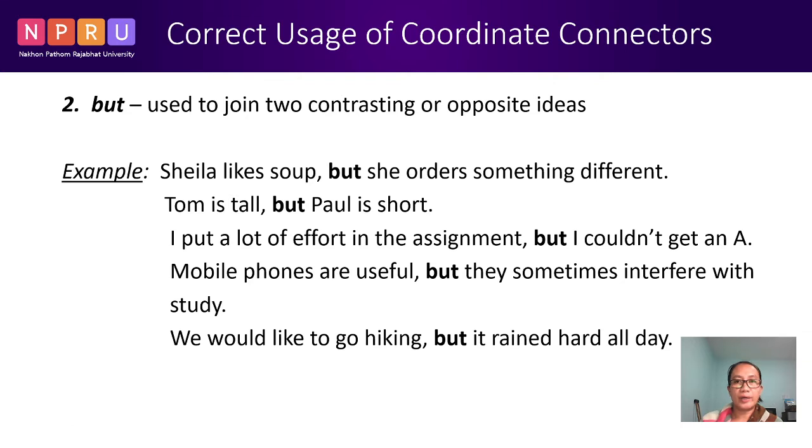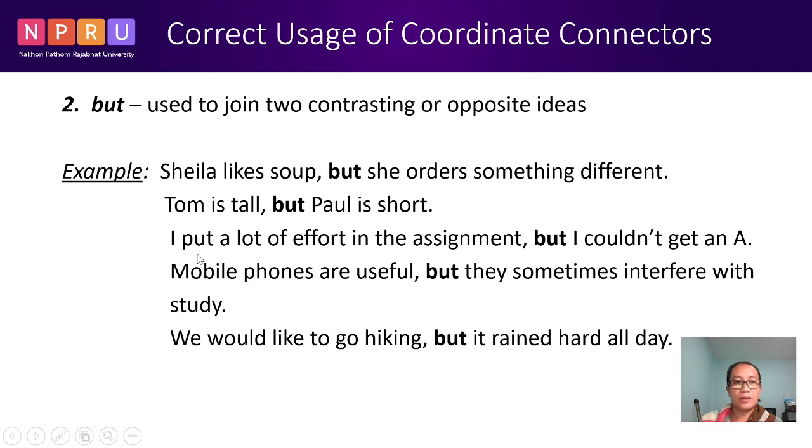Number 2 coordinate connector is but. But is used to join two contrasting or opposite ideas. Take note, this is a contrasting or opposite idea. Example 1: Sheila likes soup, but she orders something different. Example 2: Tom is tall, but Paul is short.